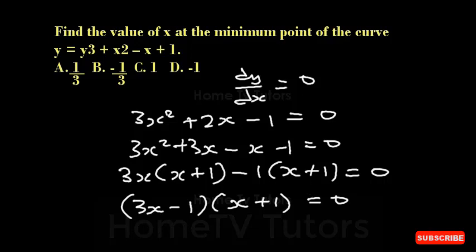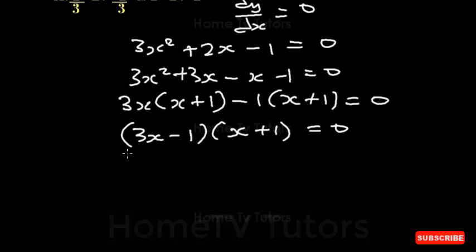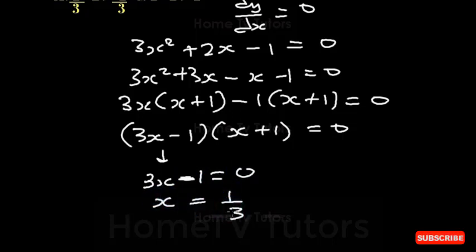So from this, 3x minus 1 equals 0, 3x equals 1, x is equal to 1 over 3. Also, x plus 1 equals 0, x is equal to minus 1.